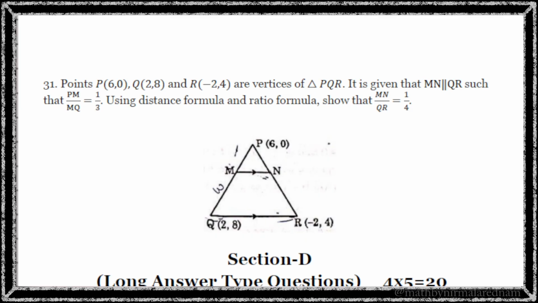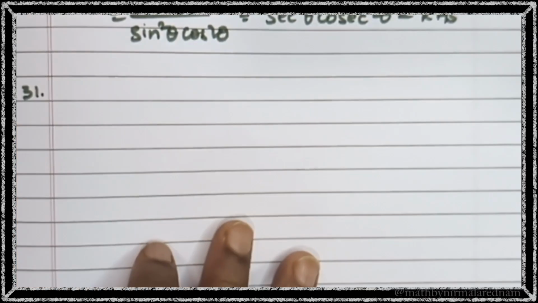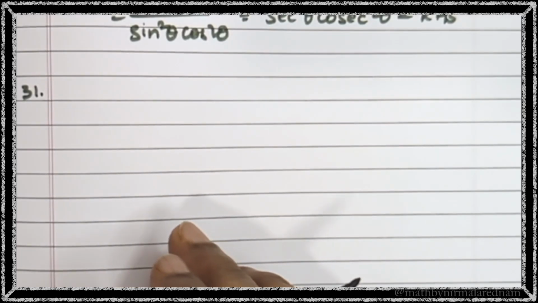Now here when they say use this formula in order to find out or in order to prove something, you have no other option. Usually you have many ways of solving the same problem in mathematics, but when they say use, there's nothing more to think about it. You have to simply follow the instruction. So here they're asking us to use the distance formula and the ratio formula.